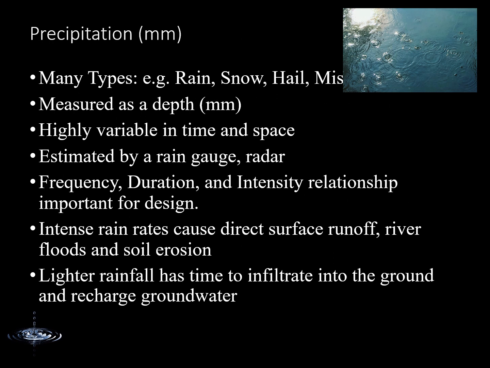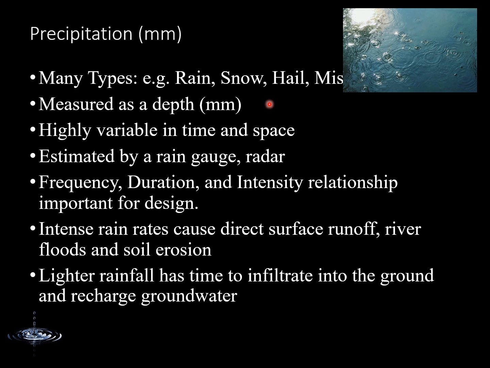Precipitation refers to any form of water that falls from the atmosphere to Earth's surface. That can be rain, snow, sleet, and hail, or any other forms of moisture. And the precipitation is measured using rain gauge, which collects and measures the amount of water that falls in a given area over a set period of time.